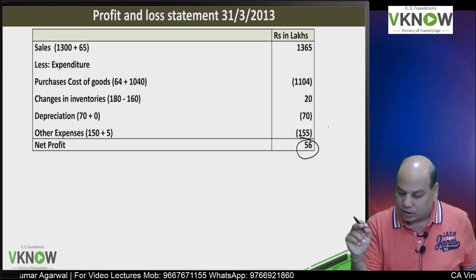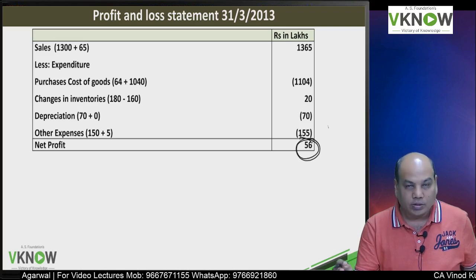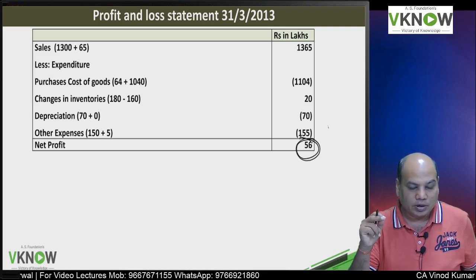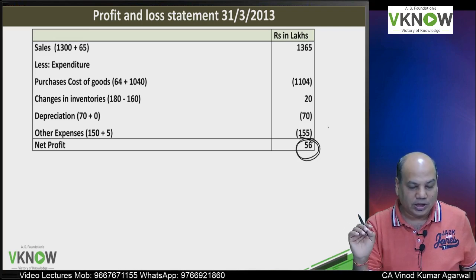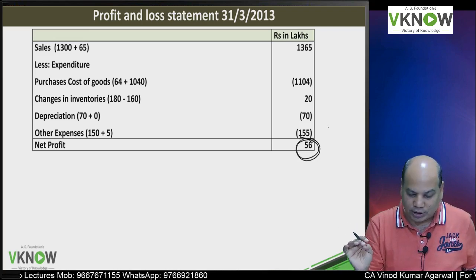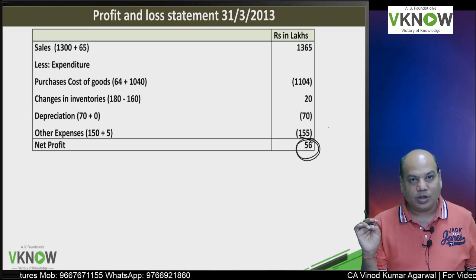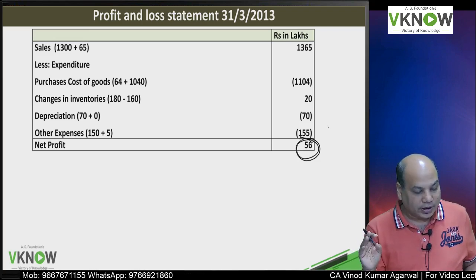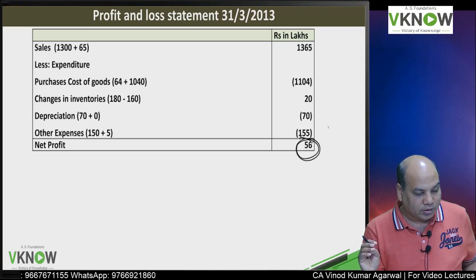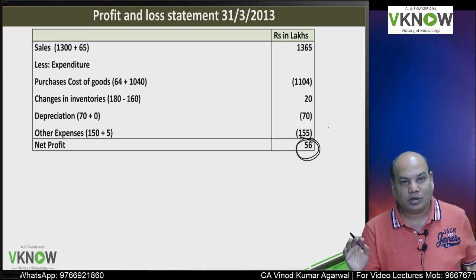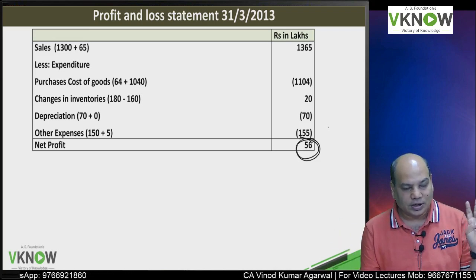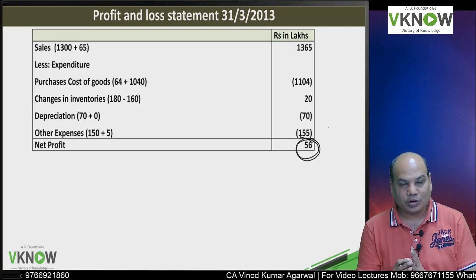In P&L account I am going to add 56, plus I have to also write current liability, amount payable to Ponty Limited, which we had calculated in the journal entry, 24 lakh. Then on the debit side we are going to write items like fixed asset, debtors, bank and closing stock on the asset side.